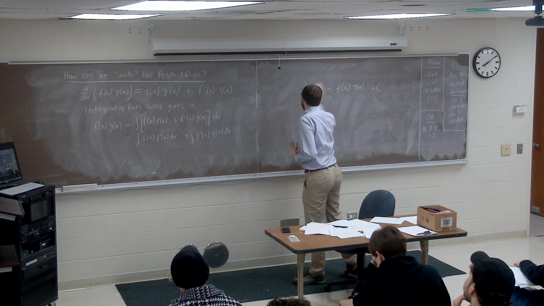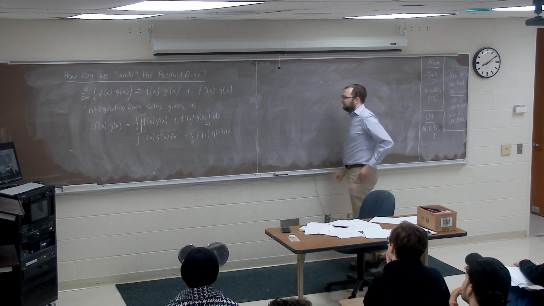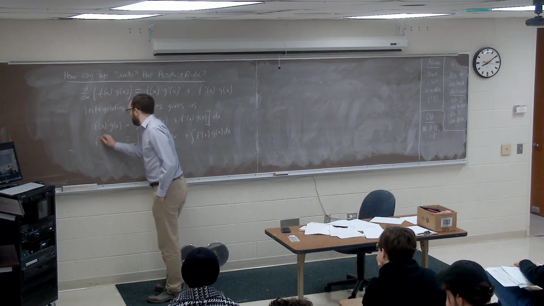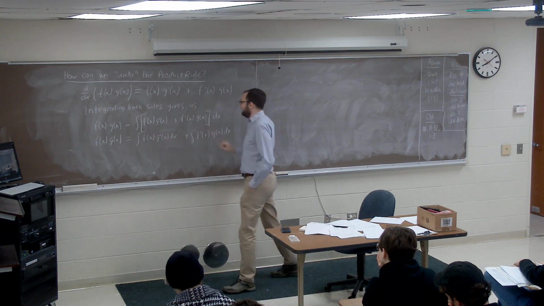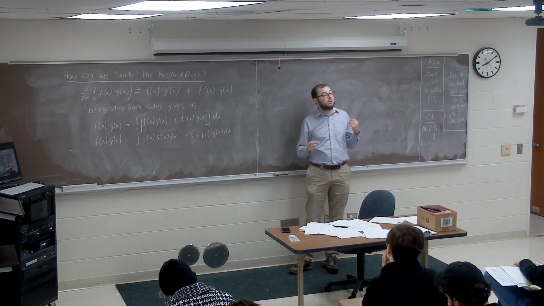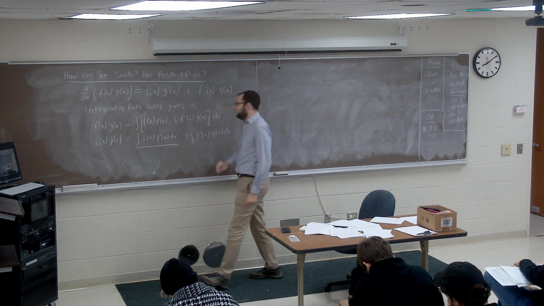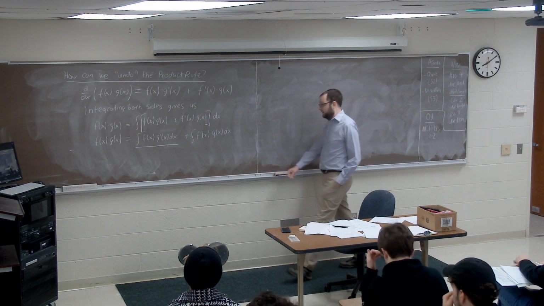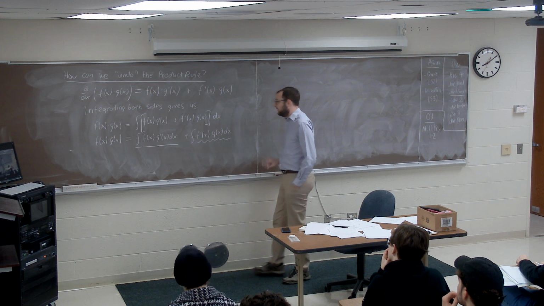And finally, what we're going to do is I'm going to take this equation right here, this f of x times g of x equals integral plus integral, and I'm going to rewrite it a little bit. I'm going to put this term on a side by itself by subtracting this other integral from both sides.